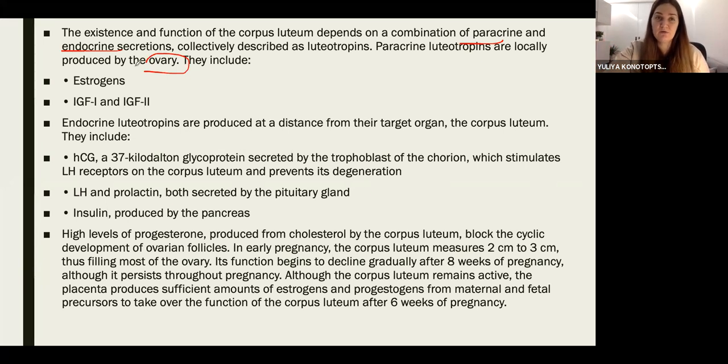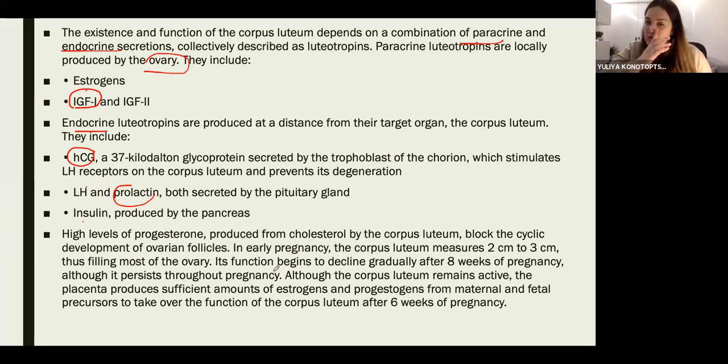That's paracrine secretion, for example estrogen and insulin growth factor, which will also be made by the ovaries. Endocrine factors are not made by the ovary, but they will affect your ovary. For example, HCG, LH, prolactin, and insulin will also be affecting you here as well.